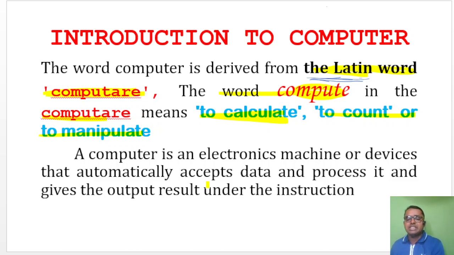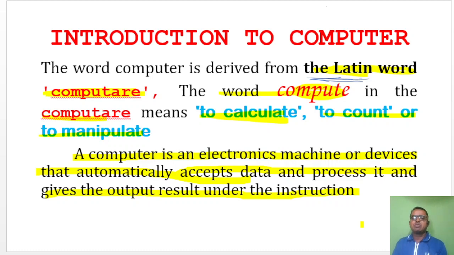A computer is an electronic machine or device that automatically accepts the data and processes it and gives the output result under the instruction. Why is it called an electronic machine or device?